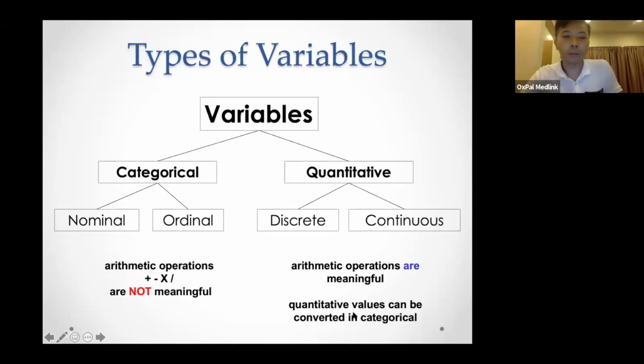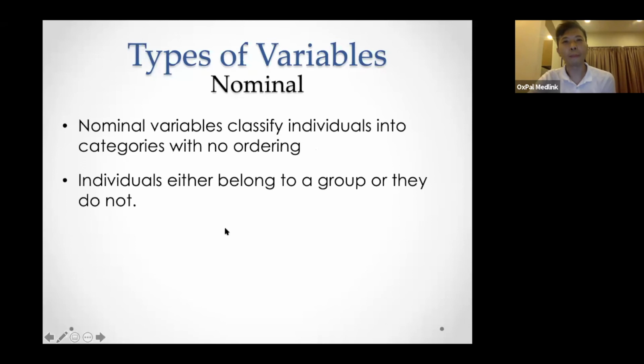So let's say a range of height below 160 cm is considered the category short, and between 160 and 180 there's a category called average. So quantitative values such as height can be converted to categorical.